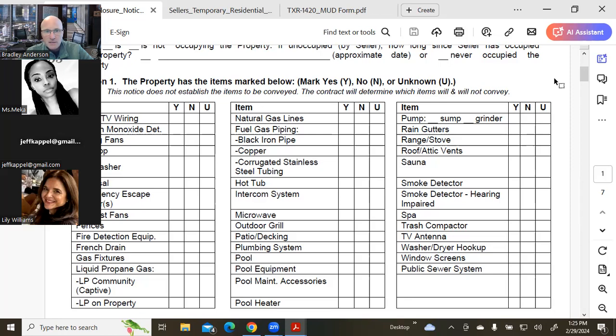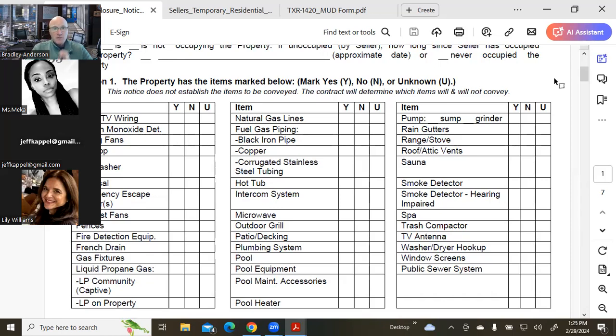So please be honest, please be transparent, and please be thorough. So section one is, does this property have any of these things? Now, a homeowner, whether they've lived in their home for a year or 20 years, may not know the answer to these things.